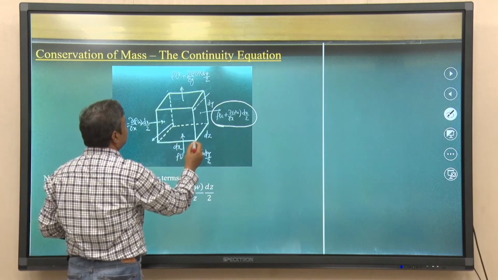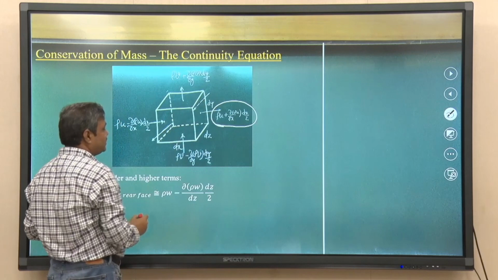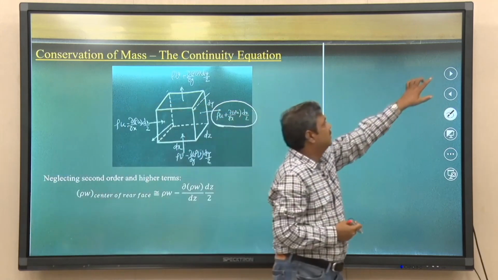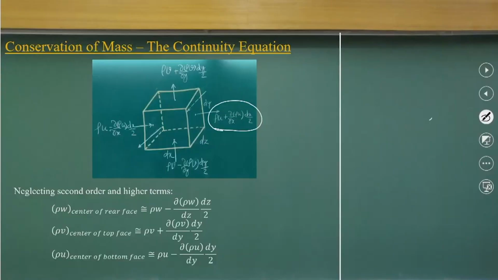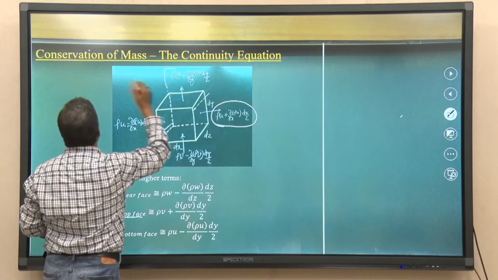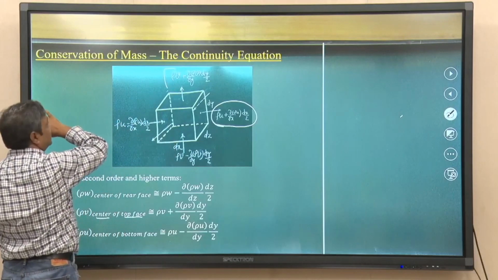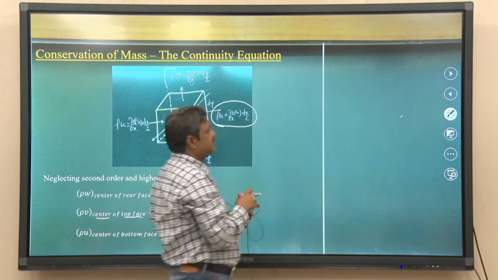So, in the z direction we can have the components, and similarly the center of the top surface. This is what will come as the points.